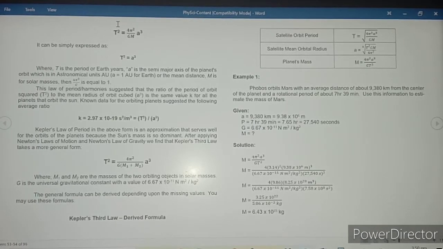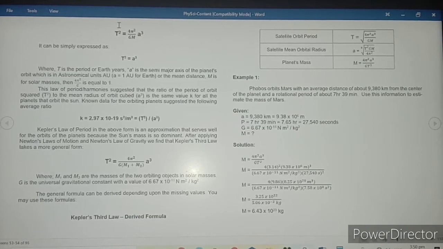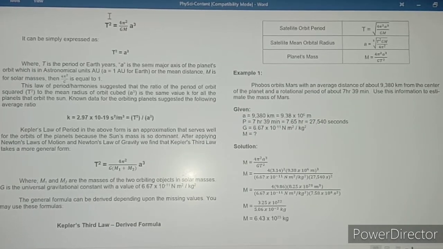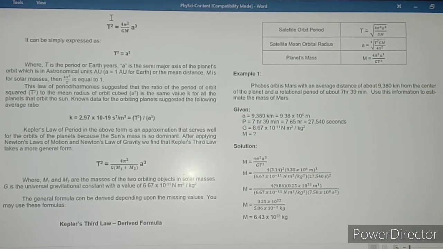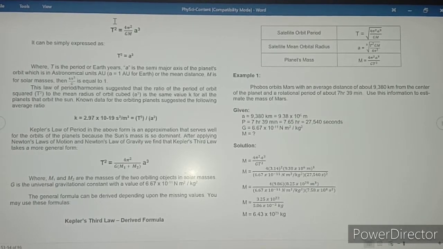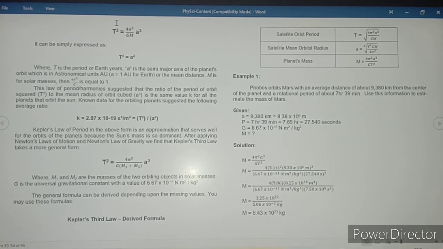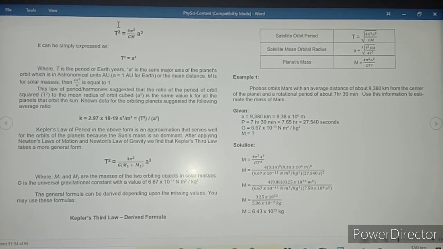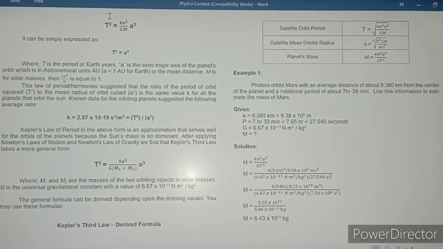And the given rotational period of Phobos is about 7 hours and 39 minutes. Ang gagawin natin dyan is i-convert natin into seconds yung ating given rotational period.